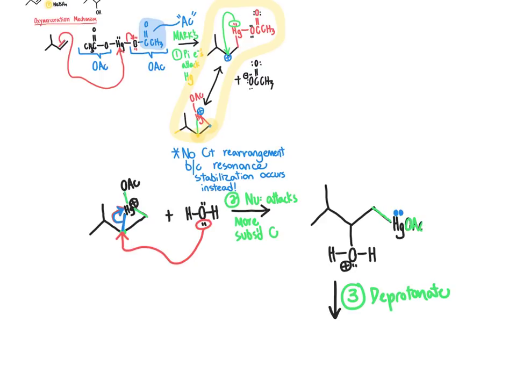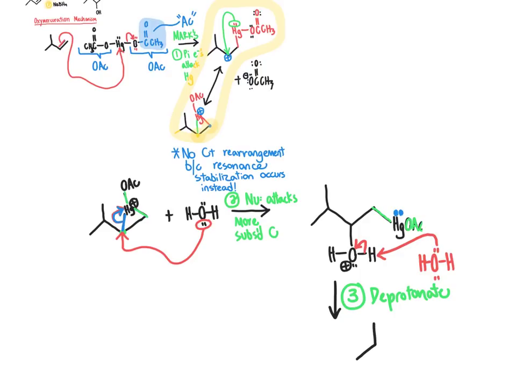And we can illustrate that happening by bringing in another unit of water to act as our base, much like what we did with our earlier hydration reactions. So water comes in, acts as a base to grab that proton, forcing the oxygen-hydrogen bond to break, and leaving us with what we refer to as our organomercurial alcohol.